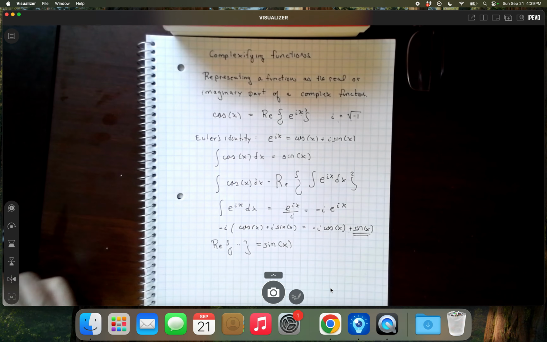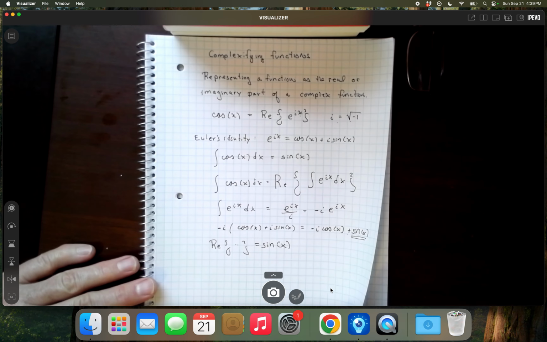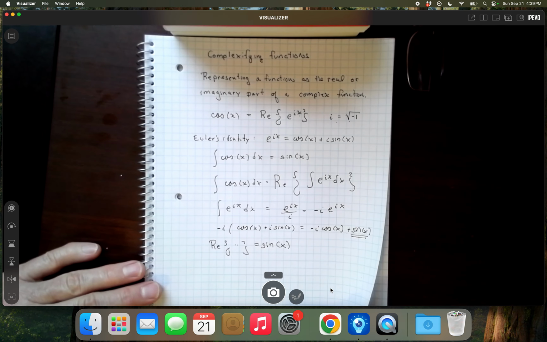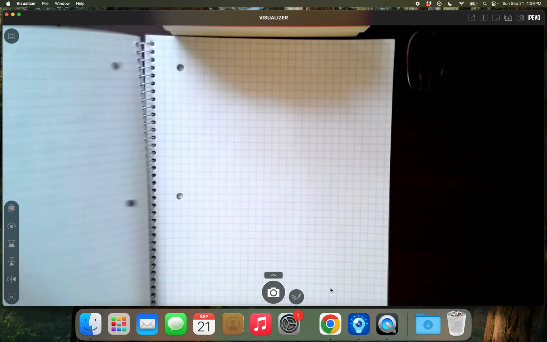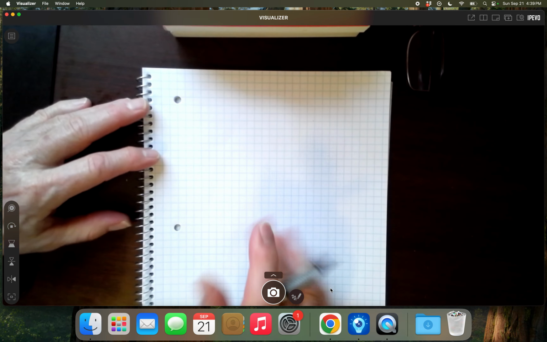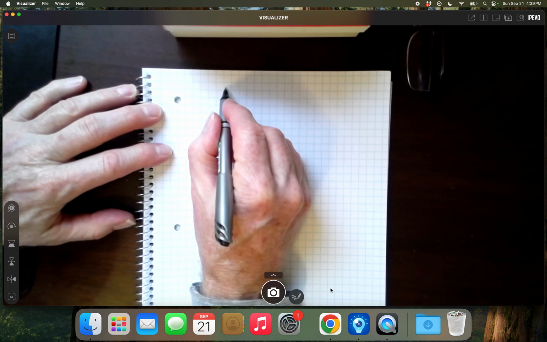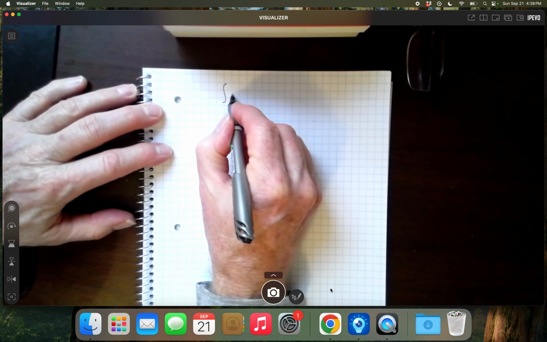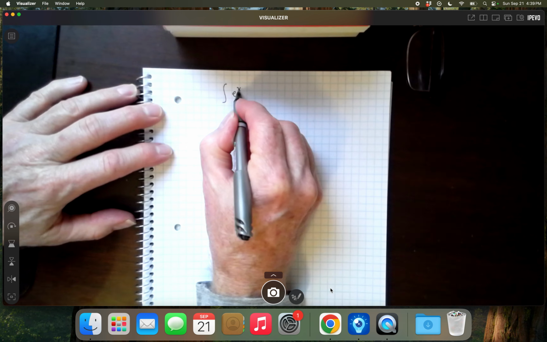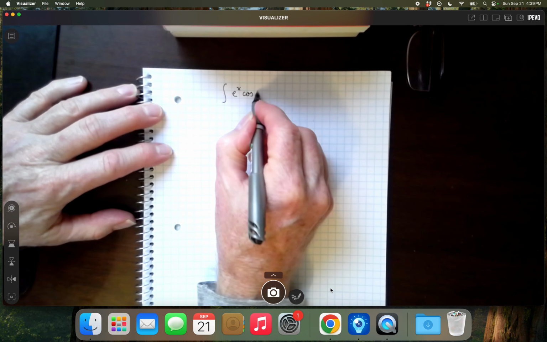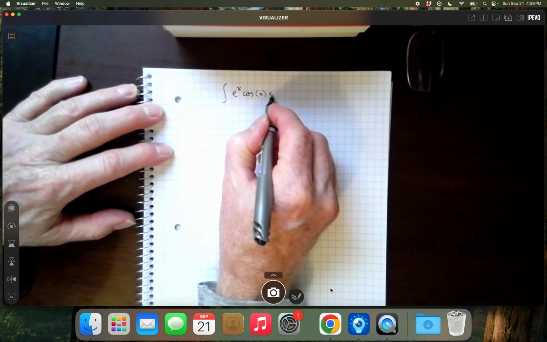Okay, well, let's look at an example of where complexifying the function actually helps and saves time and work. We're going to integrate the following. The integral of e to the x times cosine of x dx.